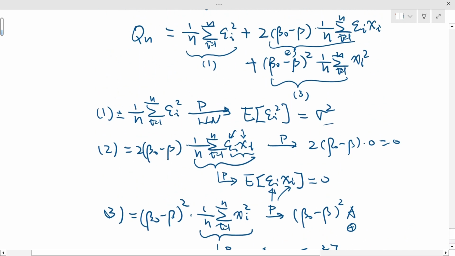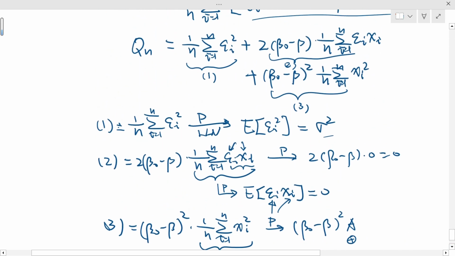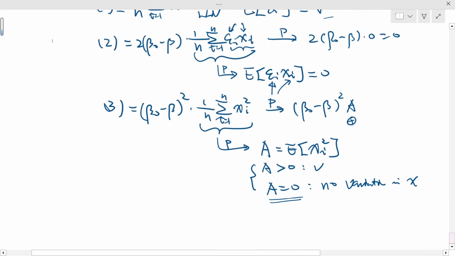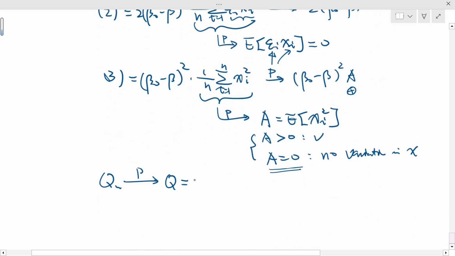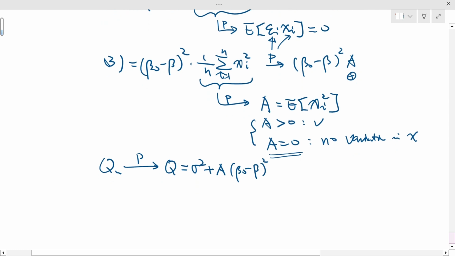Now we have Qn with three terms, and they converge in probability to non-stochastic terms. So in the end, Qn converges in probability to, let's call it Q, where the first term is sigma squared, the second term is 0 and disappears, and the third term is a times (beta 0 minus beta) squared.